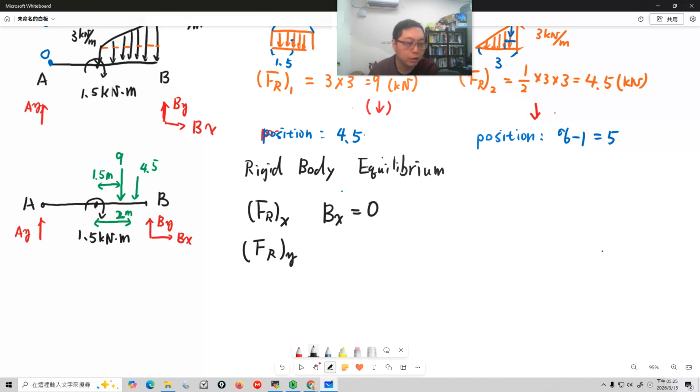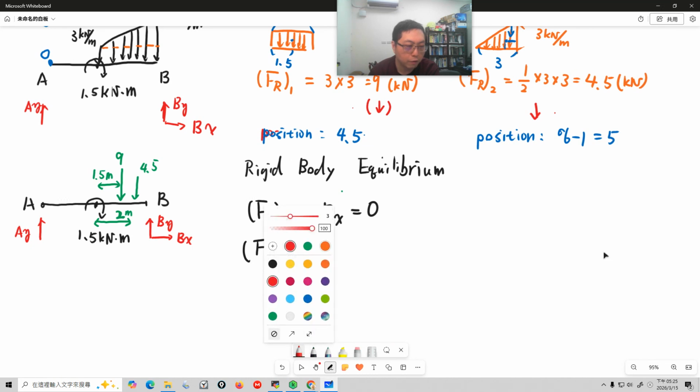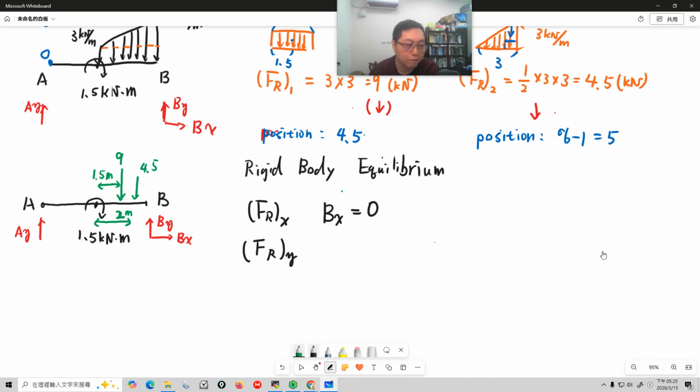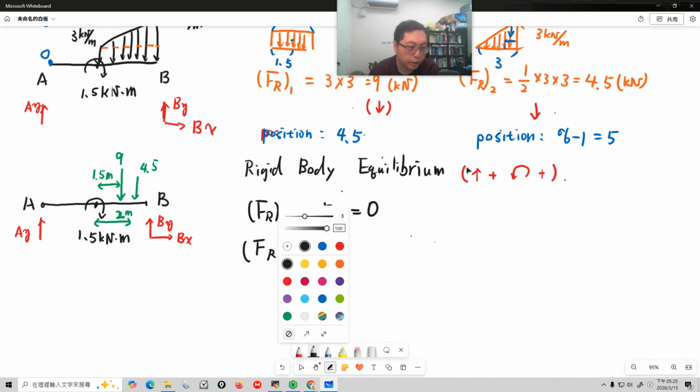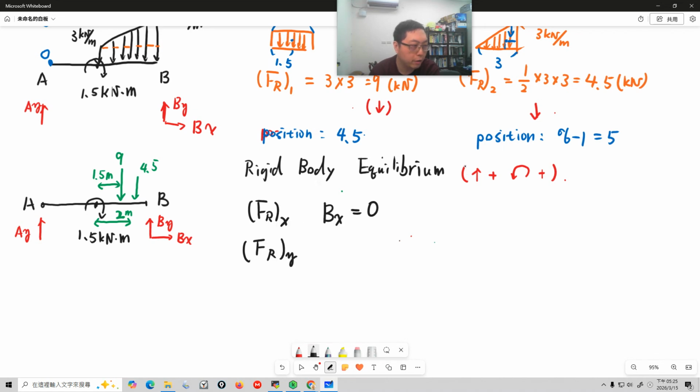The resultant force in the y direction must also be 0. For this calculation, I define the convention where I assume pointing up is positive and counterclockwise is positive. Let's get back to the FRY calculation. Ay points up, we assume. Just assume everything is positive. This moment we can temporarily ignore.